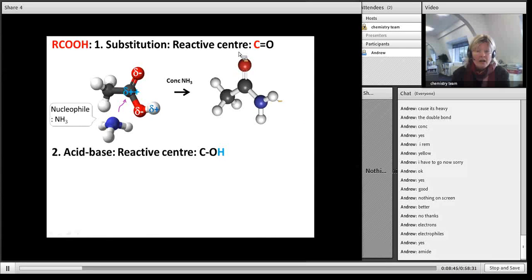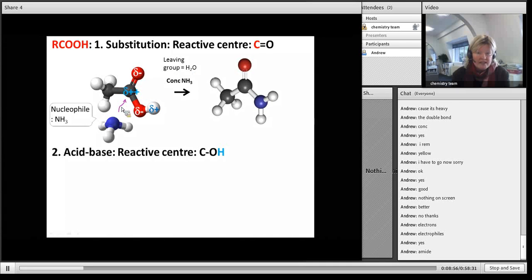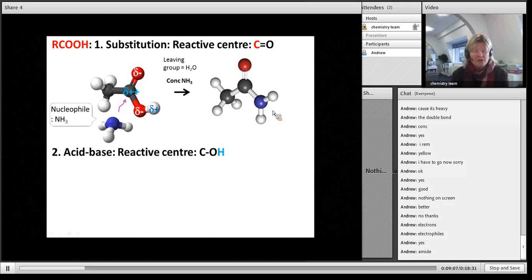Sorry, I forgot to say, the leaving group is water, because, can you see, it's this OH group that comes off, plus one of the hydrogens. Ammonia had 3 hydrogens, there it's only got 2. So I've got a nice neutral leaving group, so this reaction happens quite readily.